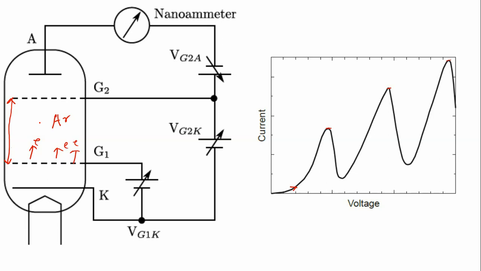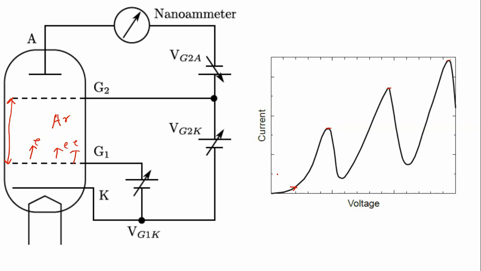Now when we start from here, initially there would be only elastic scattering, because the electron's energy through this elastic scattering will not decrease. The mass of the argon atom is much larger than the electron, so in general you don't expect any change in the kinetic energy of the electron.